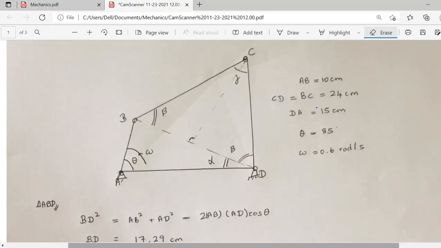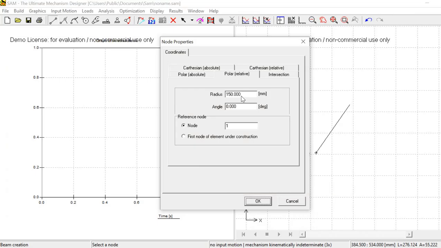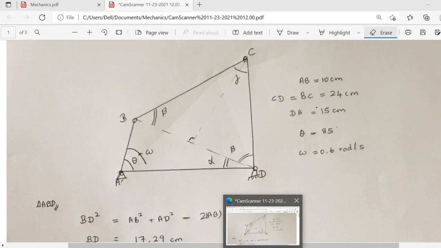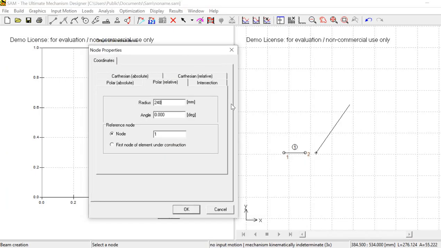So here the DC value is 240 for me. So I am going to use that 240. After that, we need to use this angle. There is a problem, because when we are using this software, we need to find this value already.